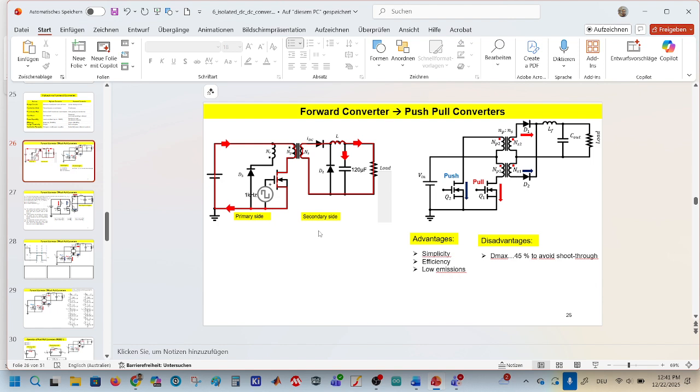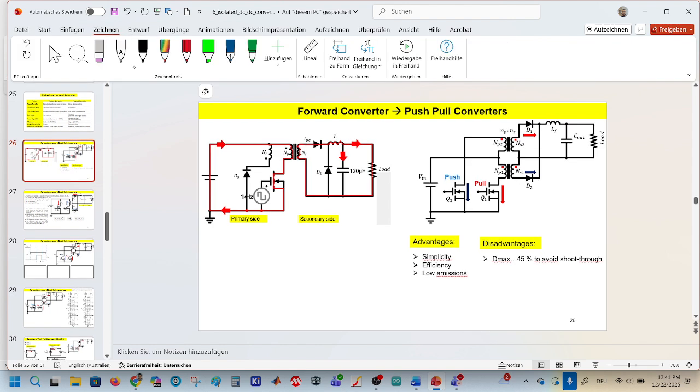It's a buck converter, and the primary and secondary side of the push-pull converter is exactly the same as the forward converter. Just we have another switch instead of a diode.